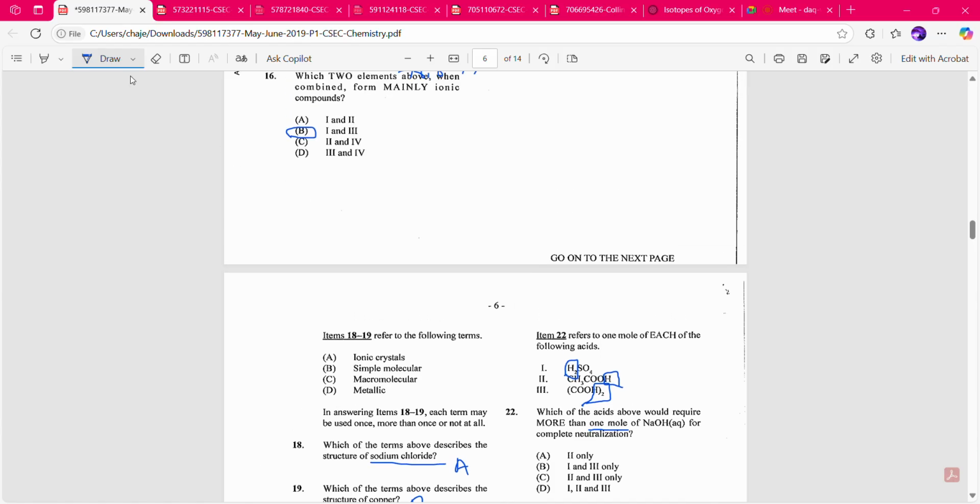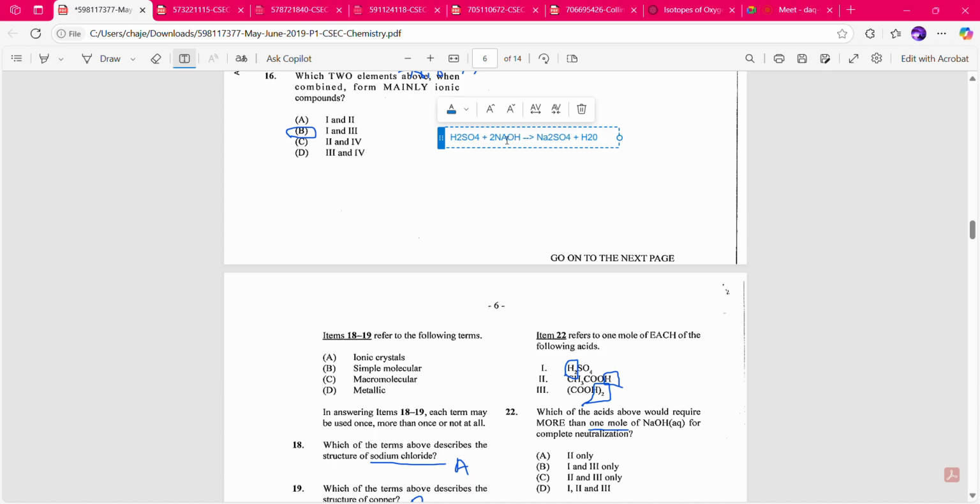Right? If you were to do the equation, which I'm gonna do now so you can actually see. I'm just gonna do the first and second one. So sulfuric acid, which is H2SO4, plus NaOH, reacts to give Na2SO4 plus water.